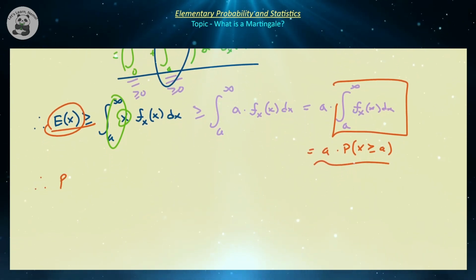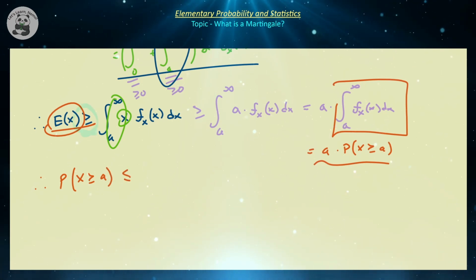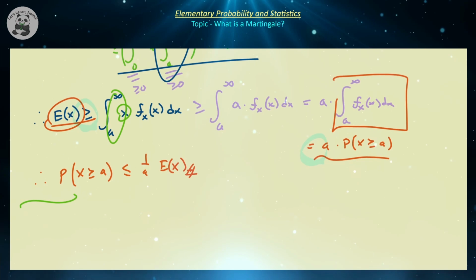By dividing both sides by a, because a is greater than 0, we have that the probability that X is greater than or equal to a is always going to be less than or equal to, important to focus on the direction that we have here, 1 over a times the expected value of X. And that completes the proof for the Markov inequality.